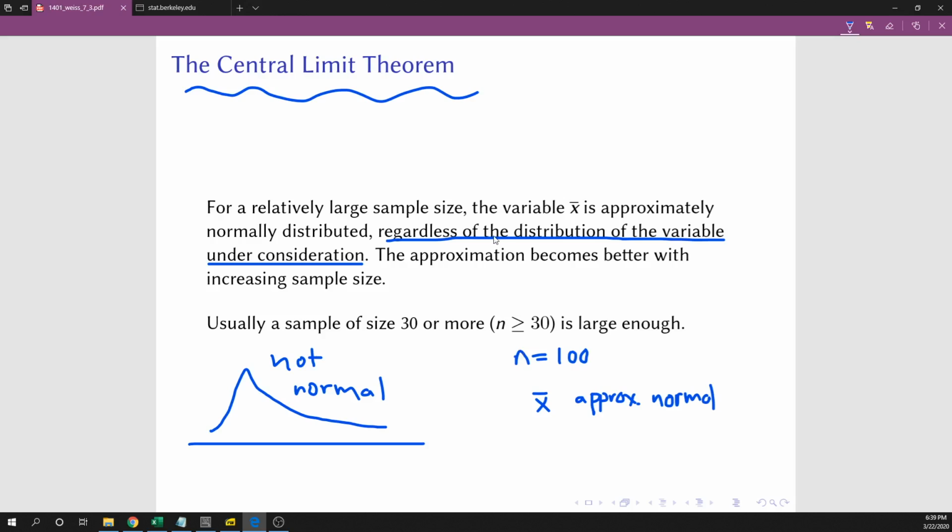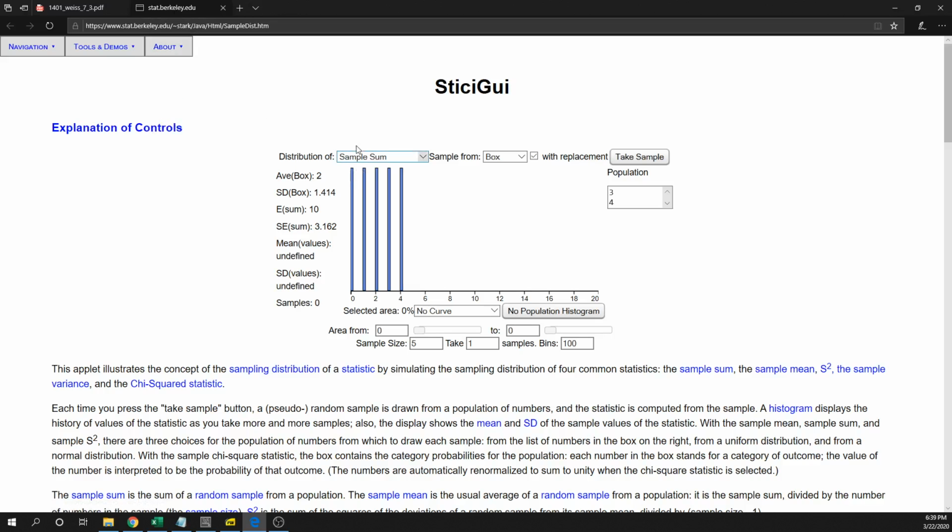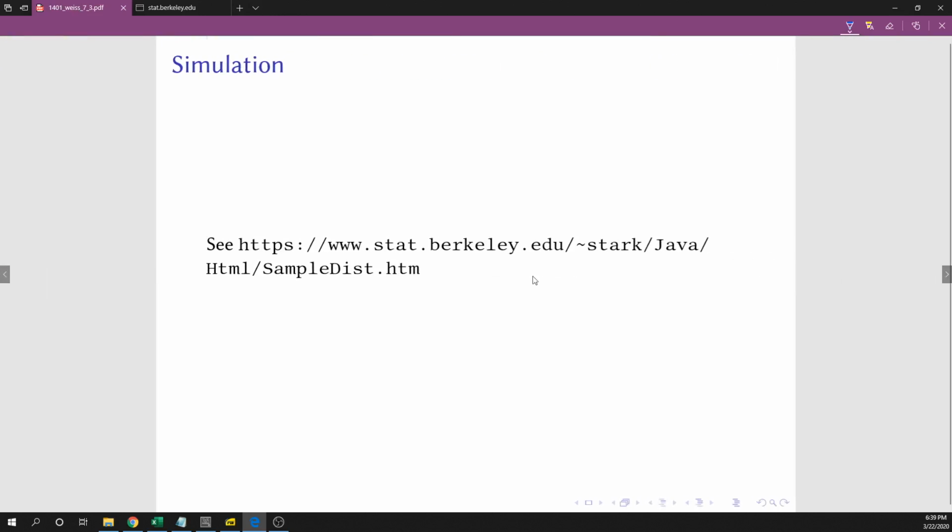All right, so now the explanation of why that's true is kind of difficult. So I'm not going to explain it, but I did find a simulation, and so it's better if we look at the simulation here. So the simulation is in this link right here, so you can go to that link and try it out for yourself if you like to.